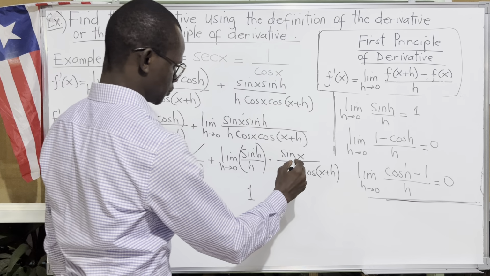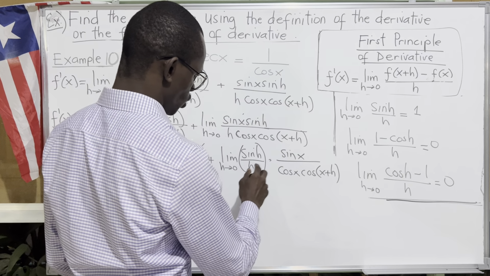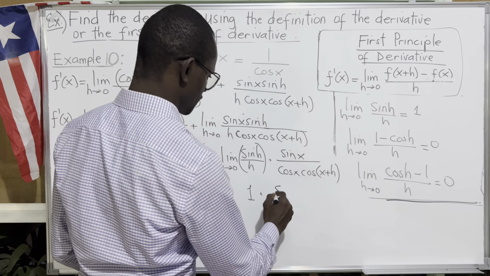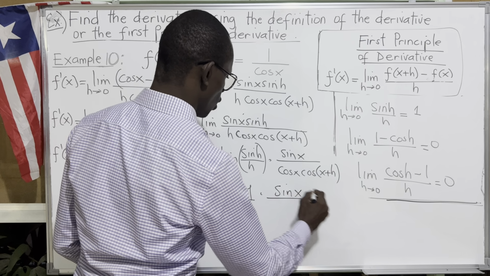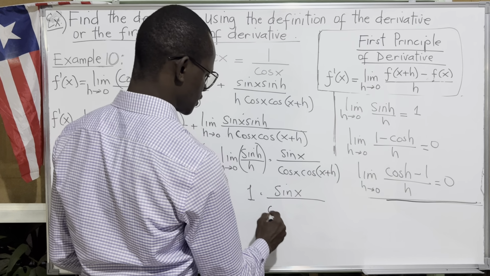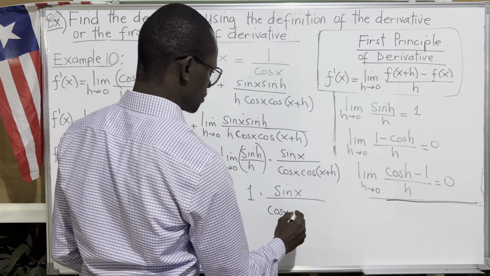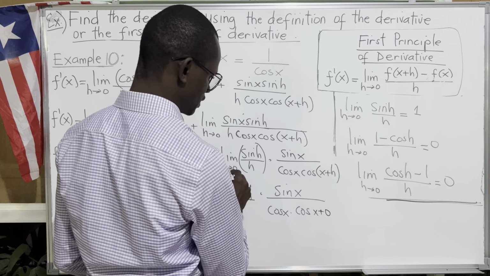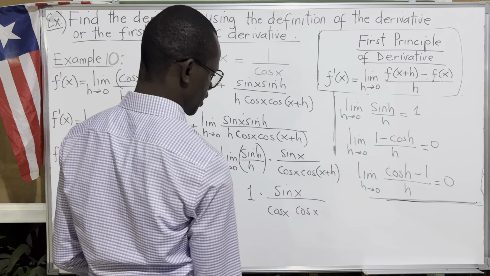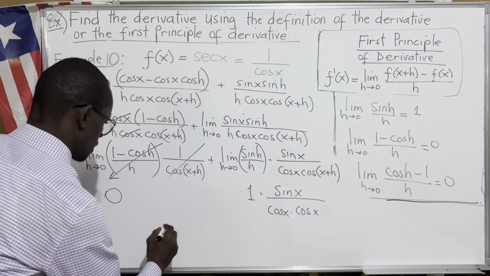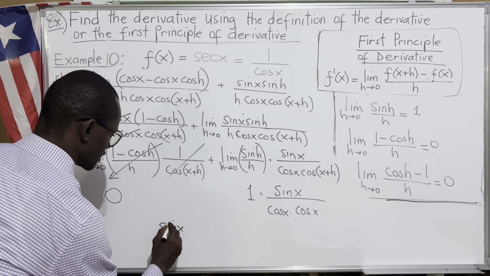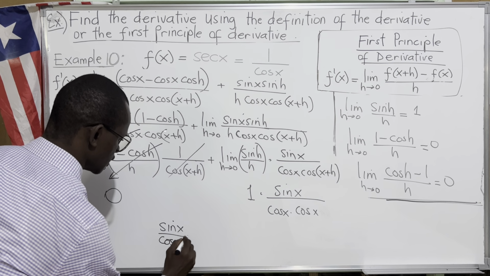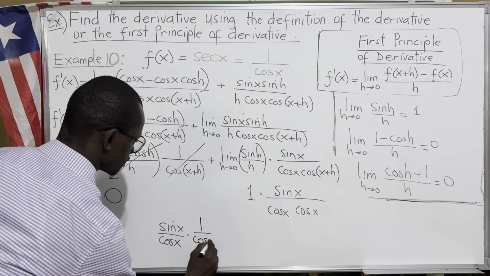So you have, this is 1. Now you have sine of x all over cos of x times cos of x plus 0. H now is 0. So it will just be cos of x, right? So you have sine of x all over cos of x times 1 all over cos of x.